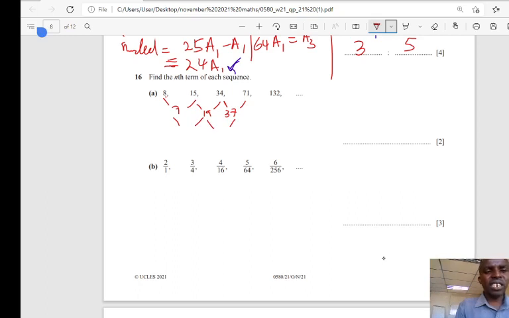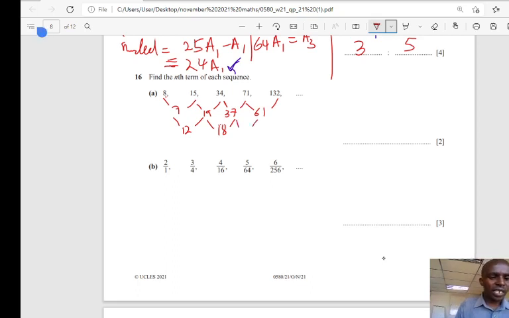19 minus 7 is 12. Then 37 minus 19, you get 18. Let me also add this one. 132 minus 71, 61.